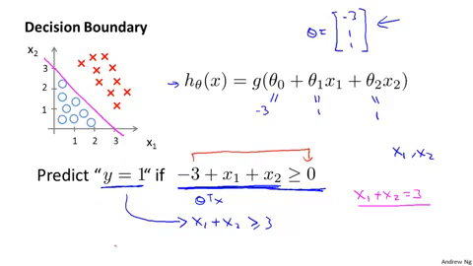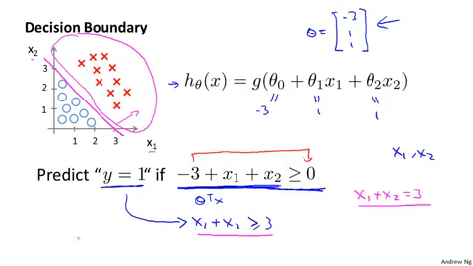So the part of the input space, the part of the x1, x2 plane that corresponds to when x1 plus x2 is greater than or equal to 3, that's going to be this right half plane. That is everything to the upper right portion of this magenta line that I just drew. And so the region where our hypothesis will predict y equals 1 is this huge region, this half space over to the upper right.